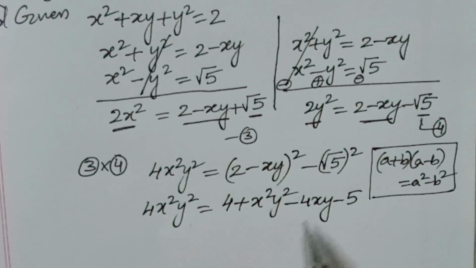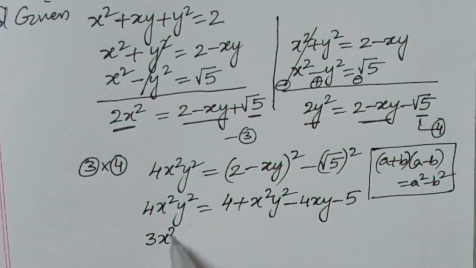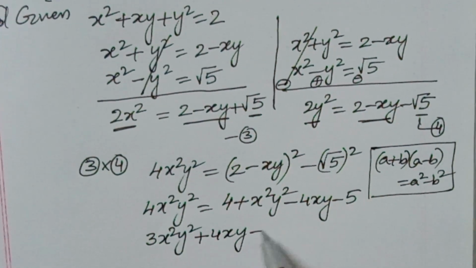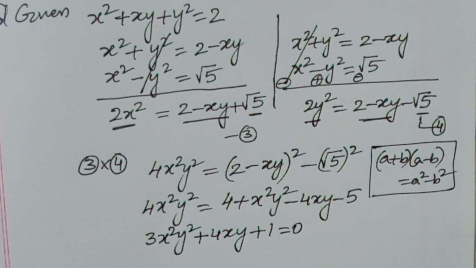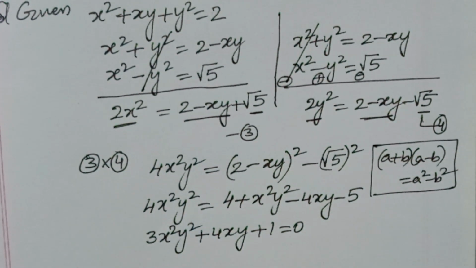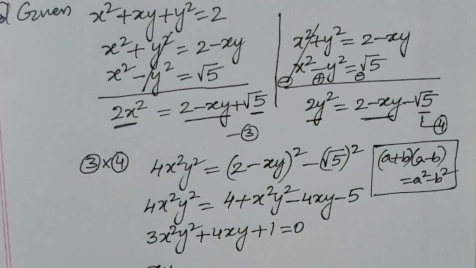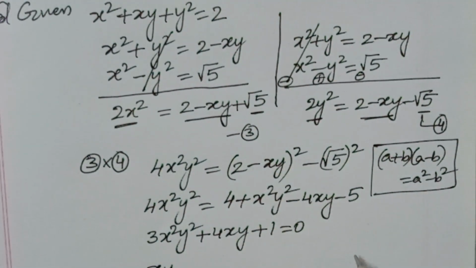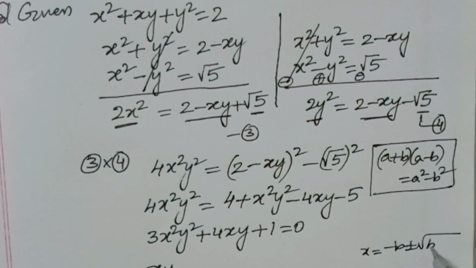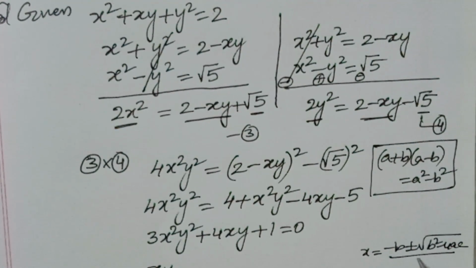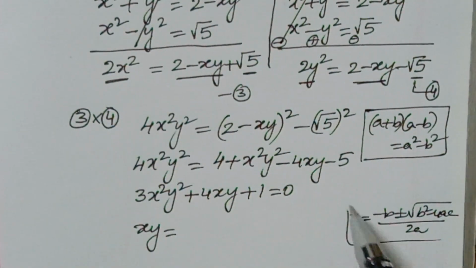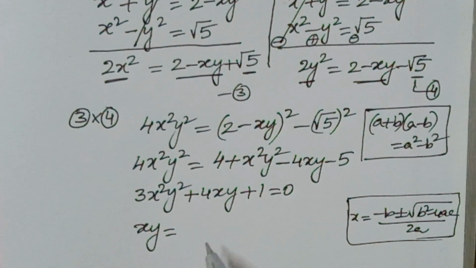Now sending all the terms to one side, we'll get 3x square y square plus 4xy plus 1 equal to 0. Now it is a quadratic in xy. So here we are finding the xy value by using the formula xy equal to minus b plus or minus root of b square minus 4ac by 2a, because it is a quadratic in xy.